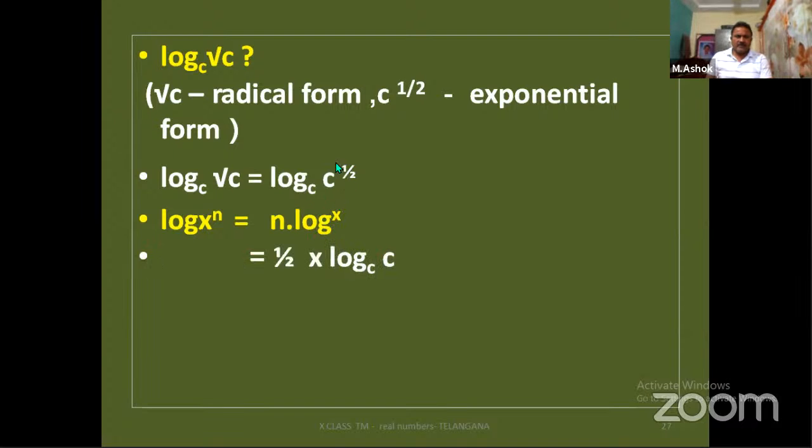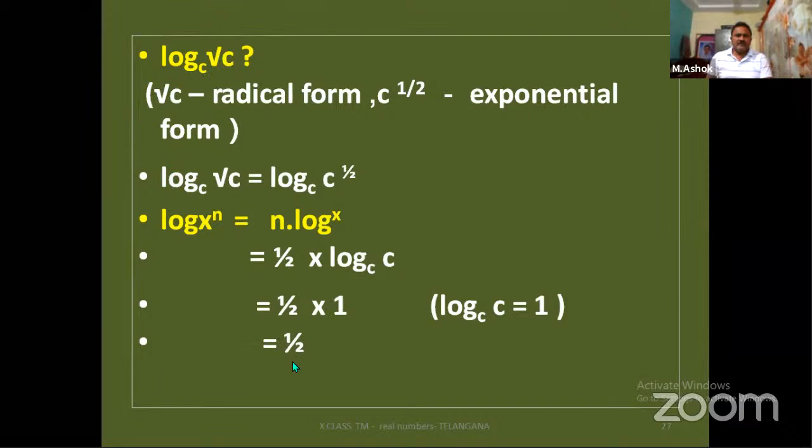Based on this, the power 1 by 2 comes here, 1 by 2 into log c base c. And the value of log c base c is equal to 1. Why? Just now we discussed that the logarithm of a number to its same base is equal to 1. So its value is 1. Finally, log root c base c, its value is 1 by 2. So in such a way, you have to solve these problems.